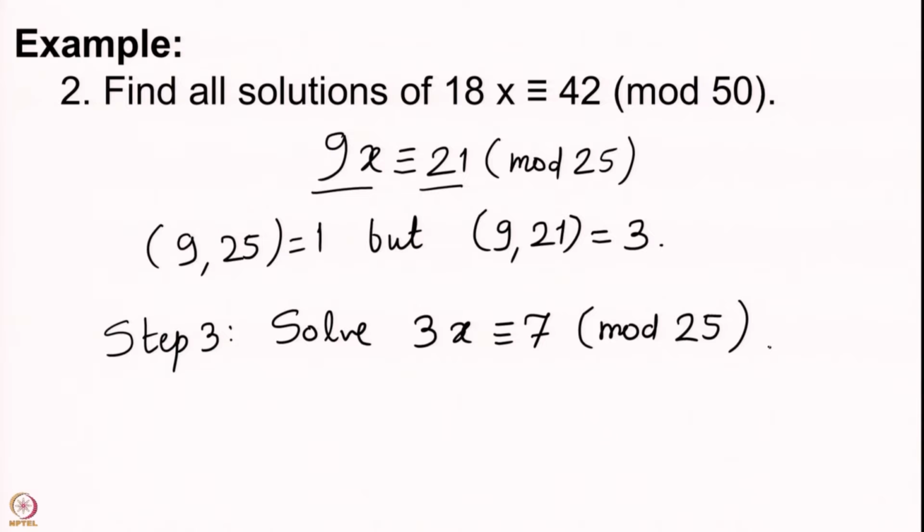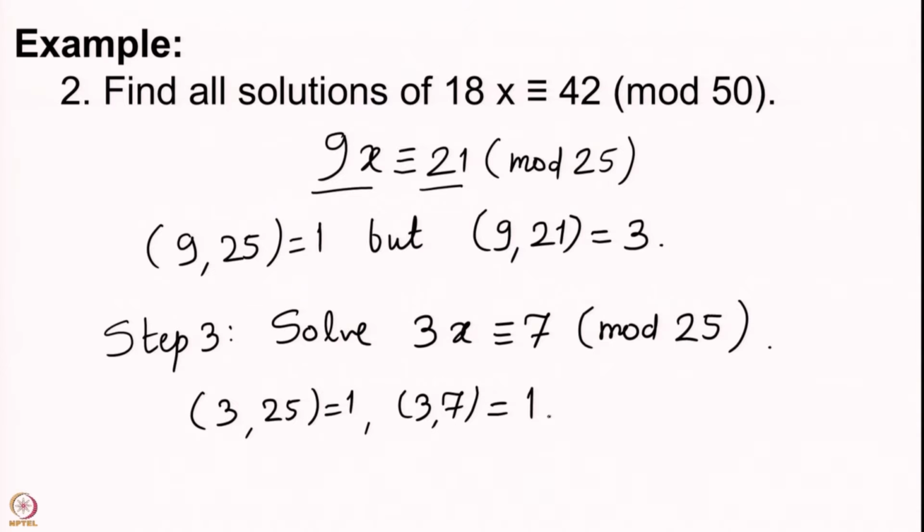So, we have reached up to this level. Here now the GCD of 3 and 25 is 1, and the GCD of 3 and 7 is also 1. So, no further numbers can be cancelled, and therefore what we do is apply a small trick.